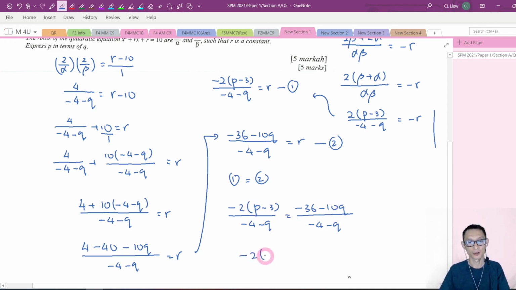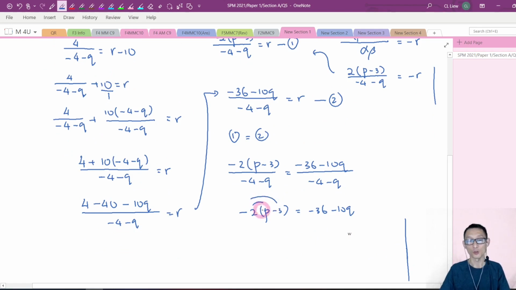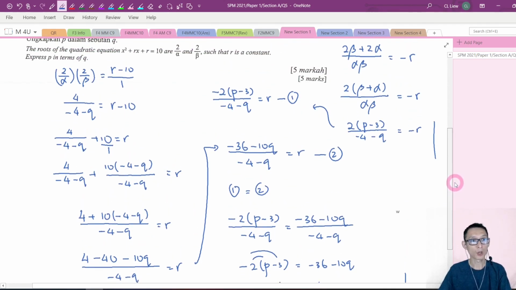Not enough space. Okay, so let me do some expansion over here. Negative 2p, negative negative become positive. This is minus 10q. Okay, we need to express p in terms of q, right?